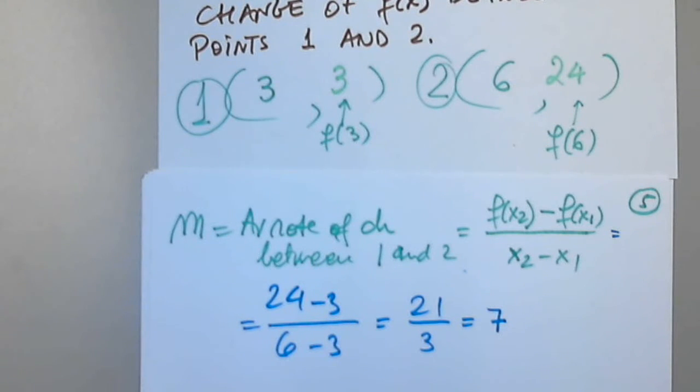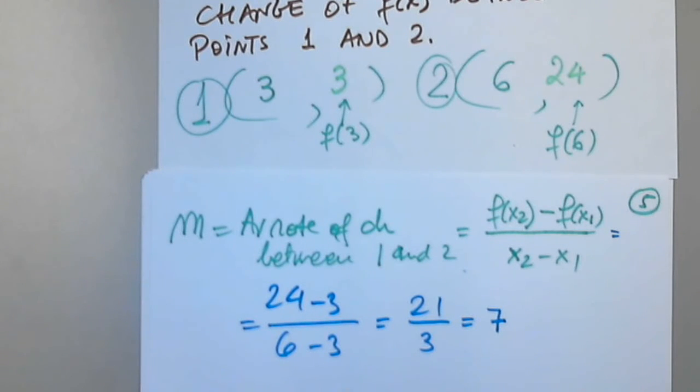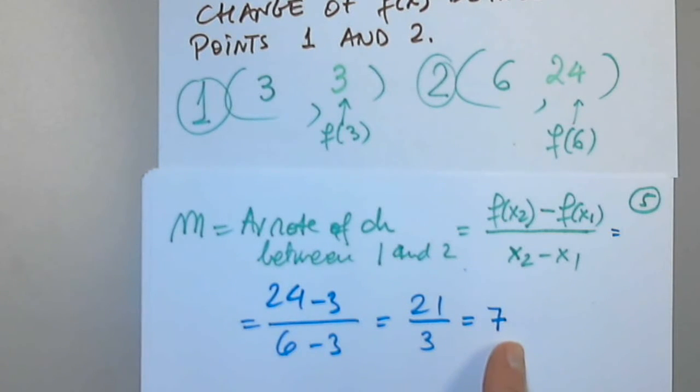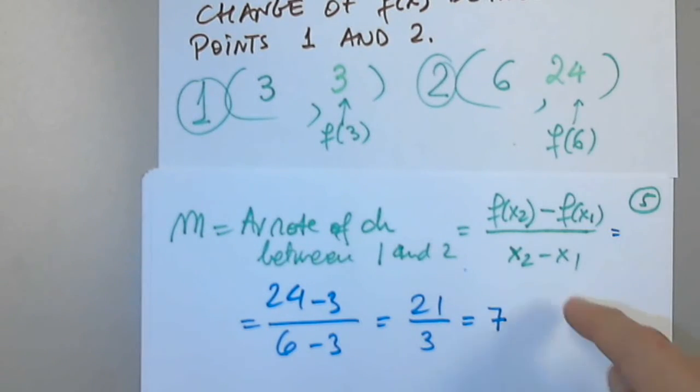Same thing here with the slope or the average rate of change. If this is distance and this is time, the average rate of change for this function between point 1 and point 2 is 7 miles per hour. So remember, the average rate of change has a ratio as a measurement unit: the unit for the top over the unit for the bottom.